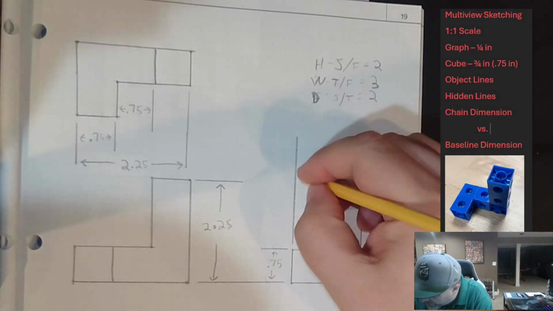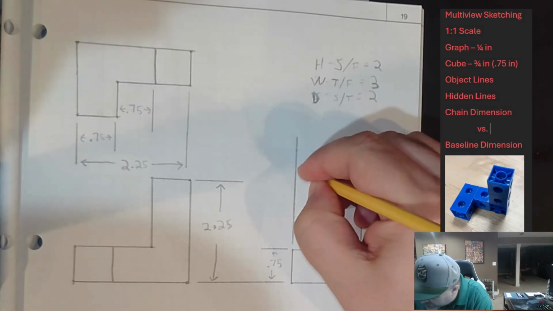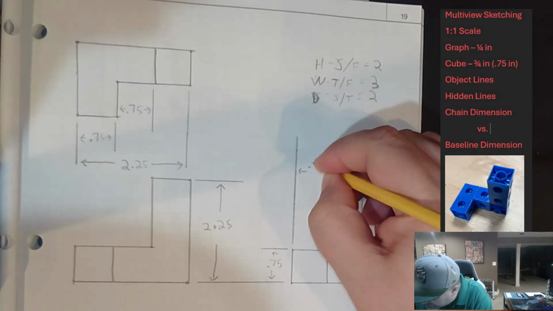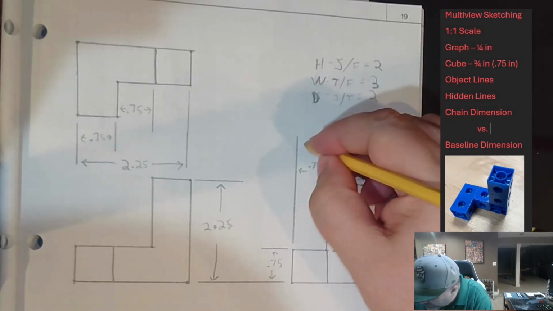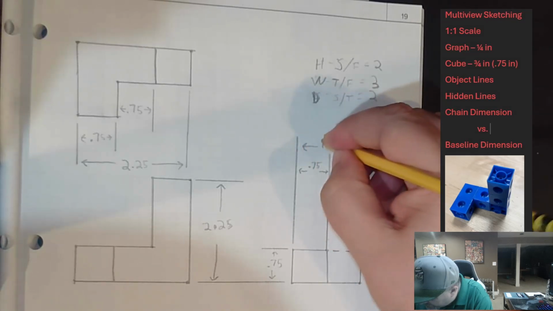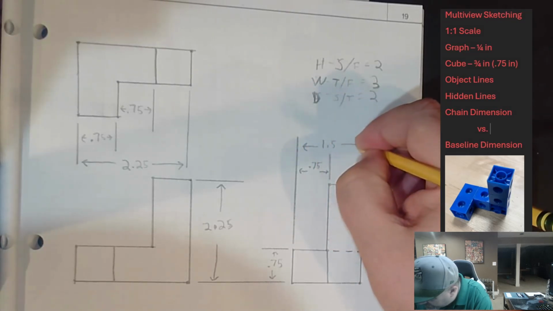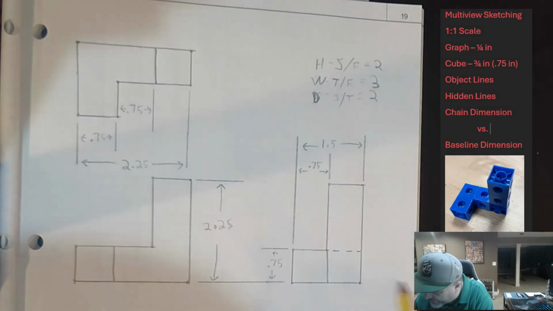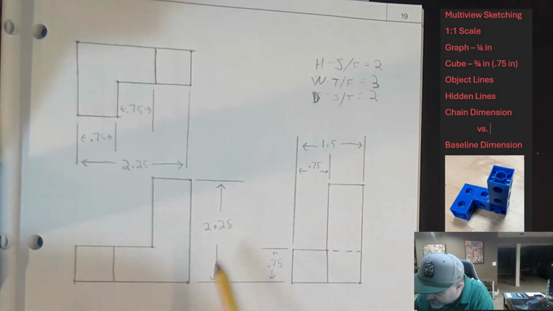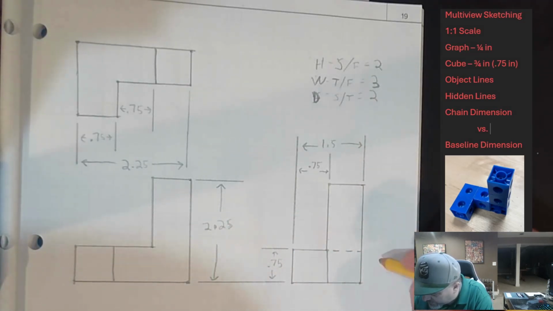So we know the distance from here to here, 0.75, from this line to the end, 1.5. There we go. We've got our 2 depths, we have our 3 widths, our 2 heights. We're good.